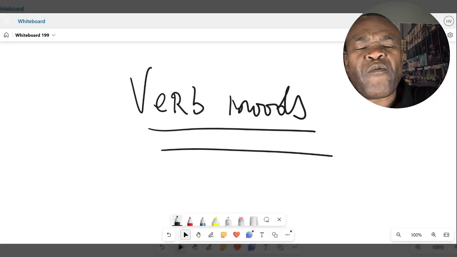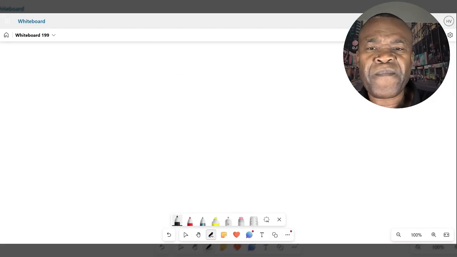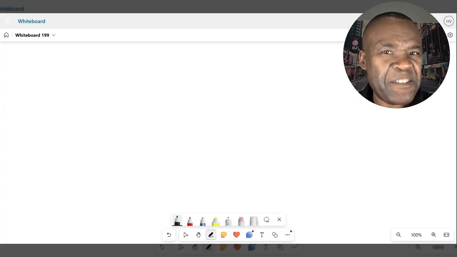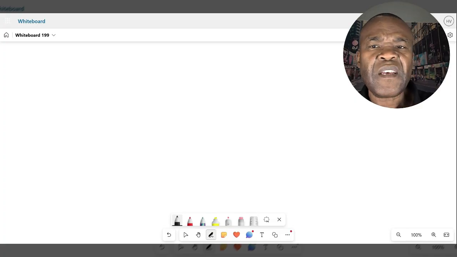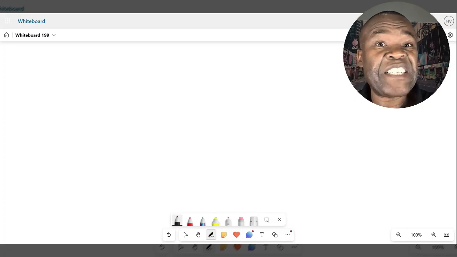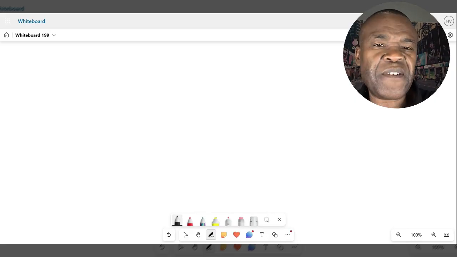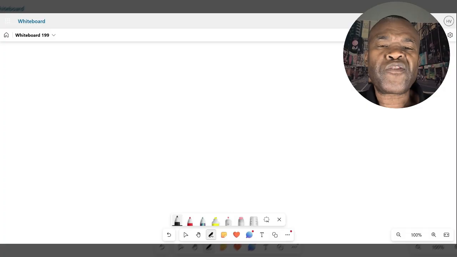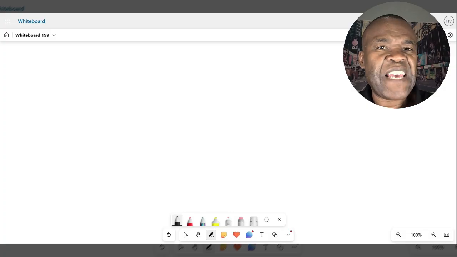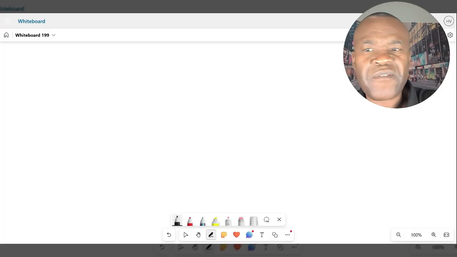But for now, what I want you to remember is verbs are very important in Spanish. You will not be able to achieve fluency if you don't master the verbs. And also, in Spanish, there are 3 families of verbs.